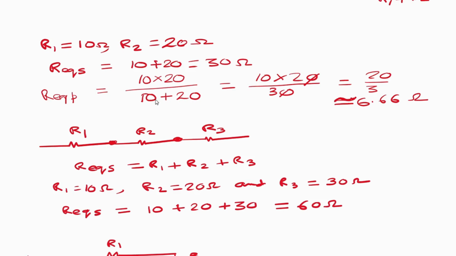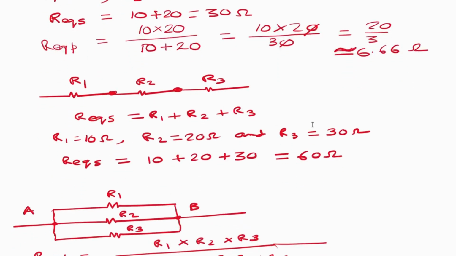That means 10 into 20 by 30, that means 20 by 3. That is 6.66 ohms approximately. So this is for the two resistors.